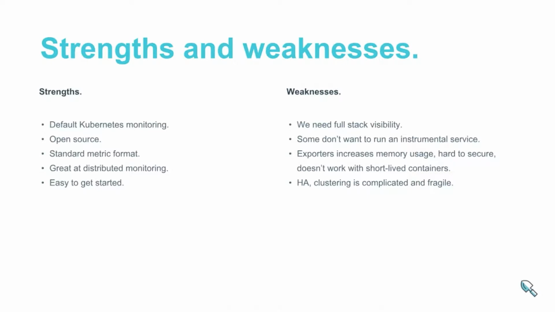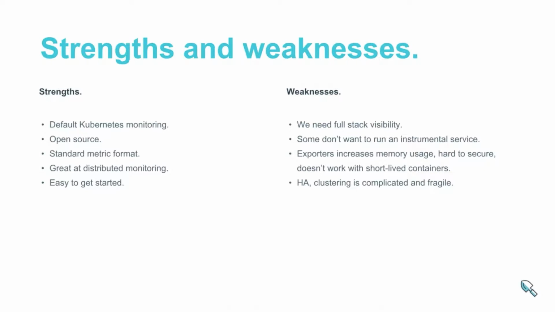Just install it using Docker, or you can use the Helm chart to install Prometheus. There is a Prometheus operator that will deploy it for you. So if you're just starting with Kubernetes and containers, Prometheus is great for those first monitoring needs.